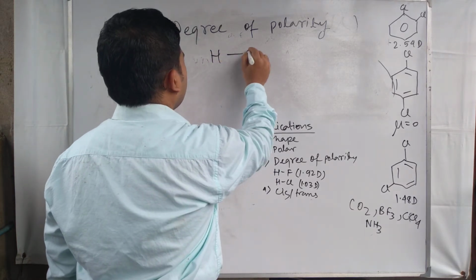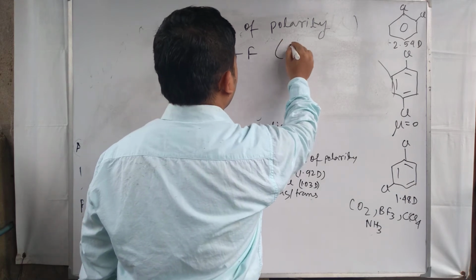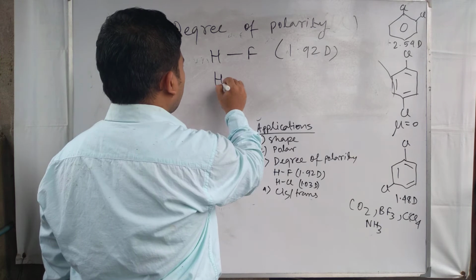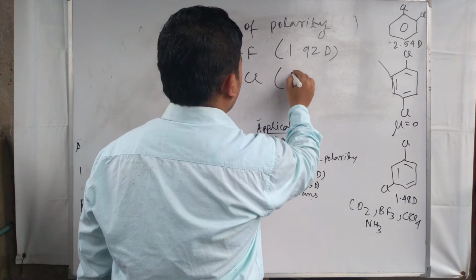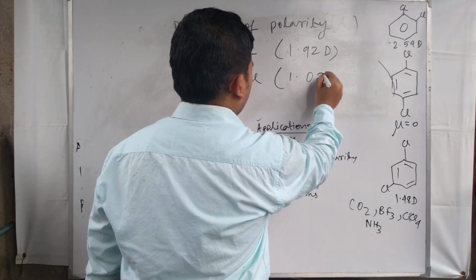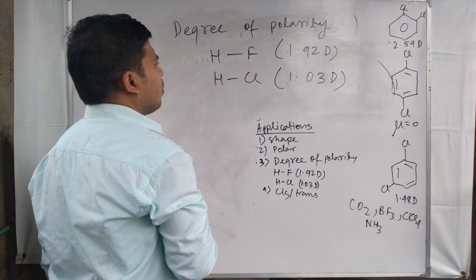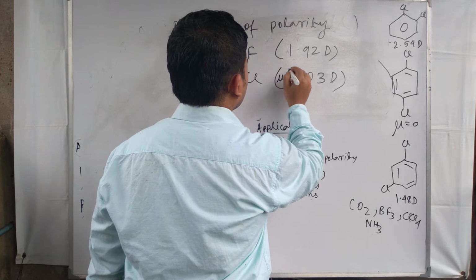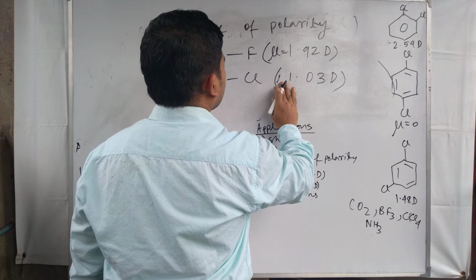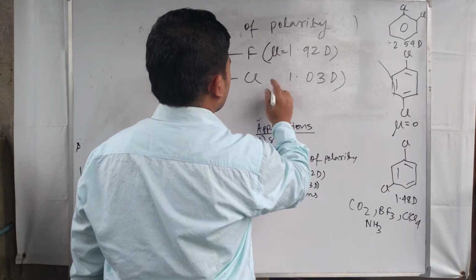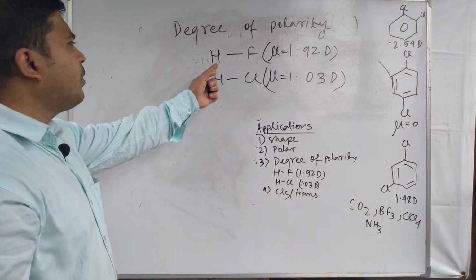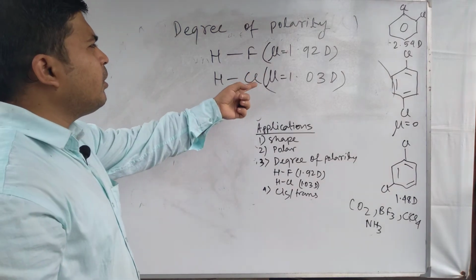For example, the HF molecule has a dipole moment of 1.92 D and the dipole moment of the HCl molecule is 1.03 D. So here are the mu values, the dipole moments of HF and HCl respectively.